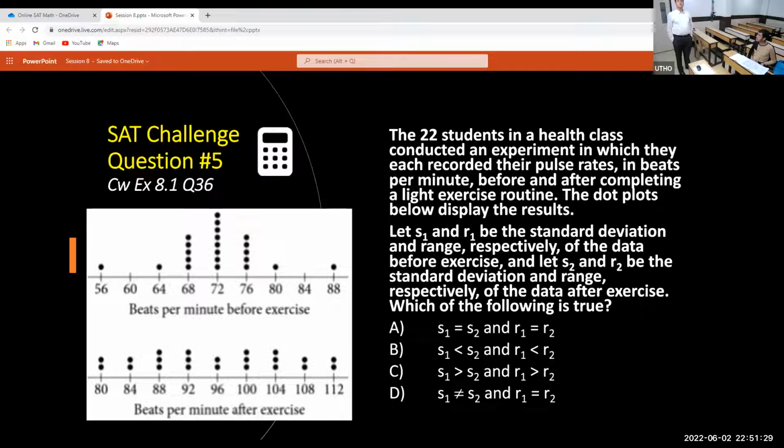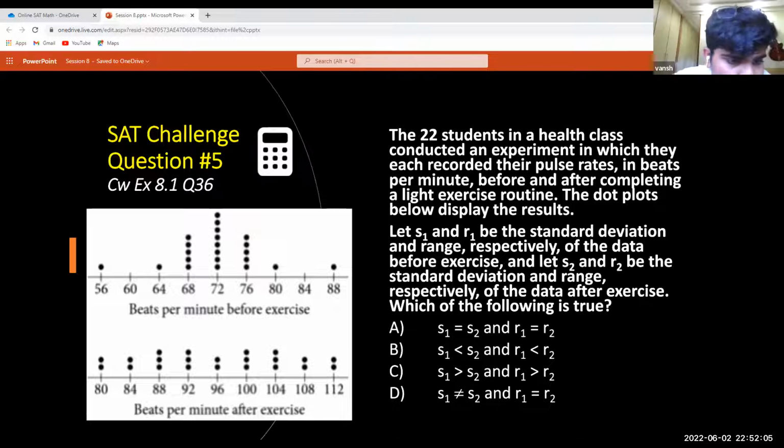Correct. Let Vansh also announce his answer. 1 second. Beats per minute before exercise, beats per minute after exercise.